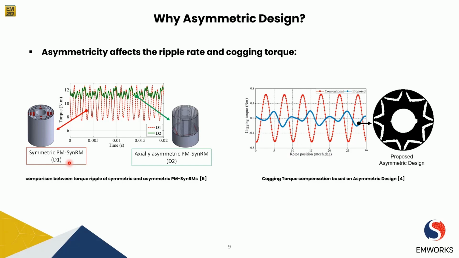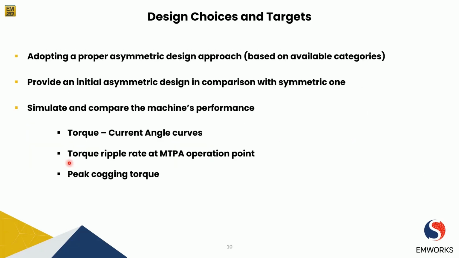All of this data shows that adopting this method can be a helpful tool to achieve better performance and smoother operation of the machine, and we can also get better performance compared to conventional design without using methods such as skewing or different design methods.